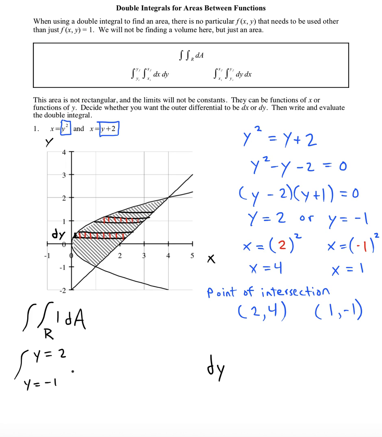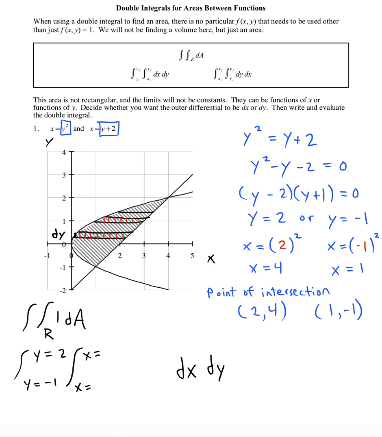So to achieve that in a double integral, we want an inner integral from x equals something to something else, and then we're going to put a dx here so that the dx matches with the inner integration sign.